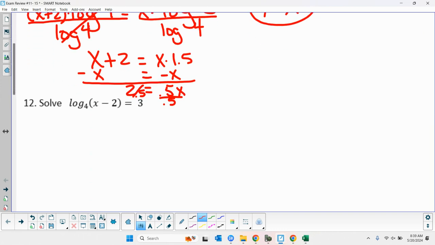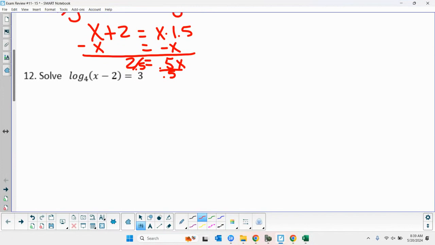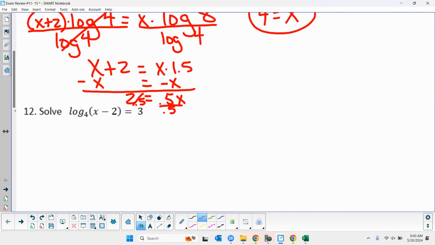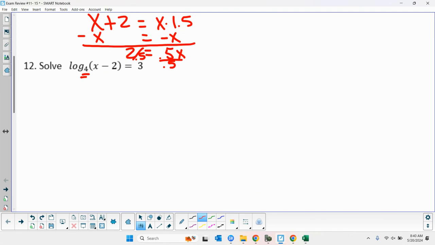Number 12. This is logarithmic. We're going to turn it into exponential. Remember, this 4 is the base, right? So what I can do is say 4, I can do that swoosh thing we learned, to the third power is x minus 2. That's all you've got to do. Then you just solve it. 4 times 4 times 4 is 64, I believe.